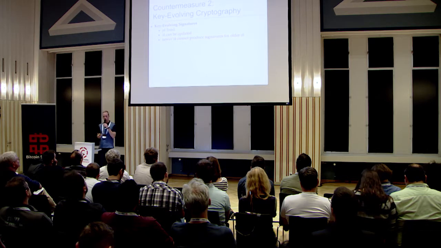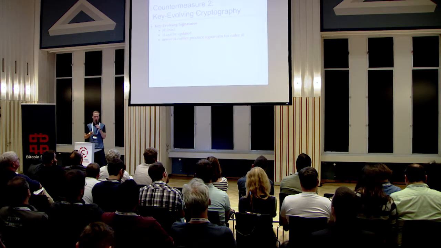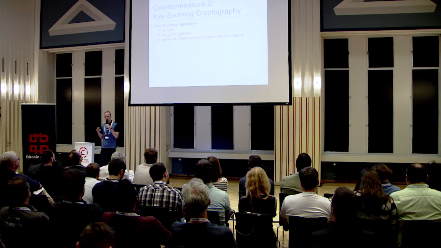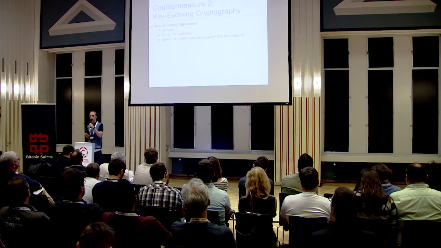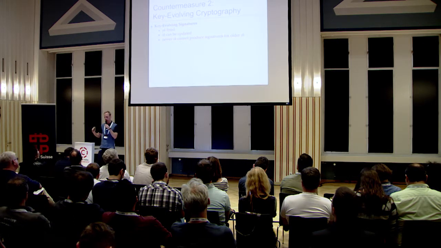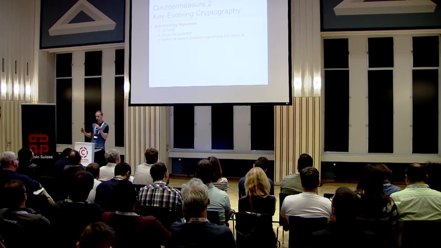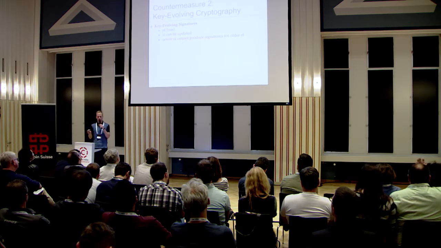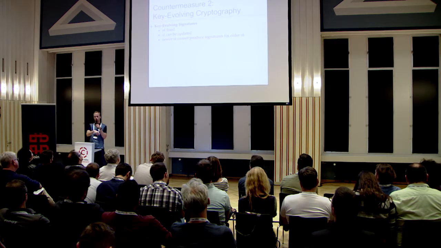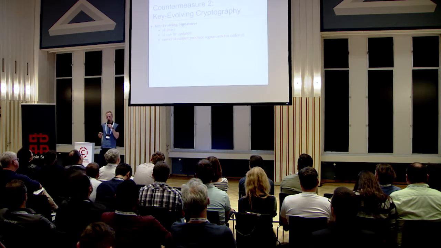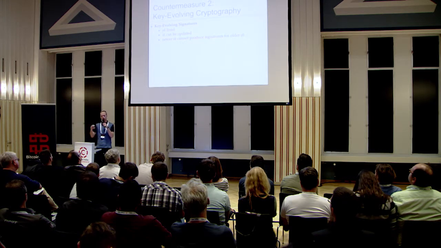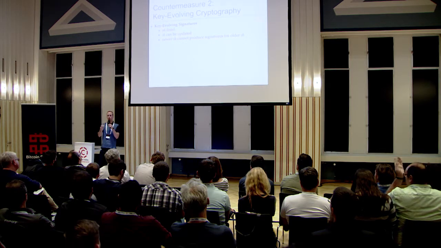And a second countermeasure that was considered for these posterior corruption attacks is the use of key-evolving cryptography. In particular, key-evolving signature schemes are signature schemes where the public key is fixed, but the secret key can be updated, and it's actually mandatory for the parties participating in the protocol to update the secret key regularly. And the newer secret key cannot be used to produce signatures belonging to the older secret keys. So even if you corrupt a party and get its secret key, you are not able to create signatures on behalf of that party that would appear to be from the past.